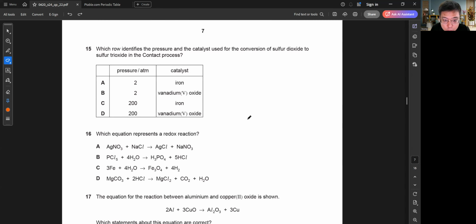Number 15. Which row identifies the pressure and the catalyst used for the conversion of sulfur dioxide to sulfur trioxide in the contact process? This one students have to memorize. Let me pull out the equation.